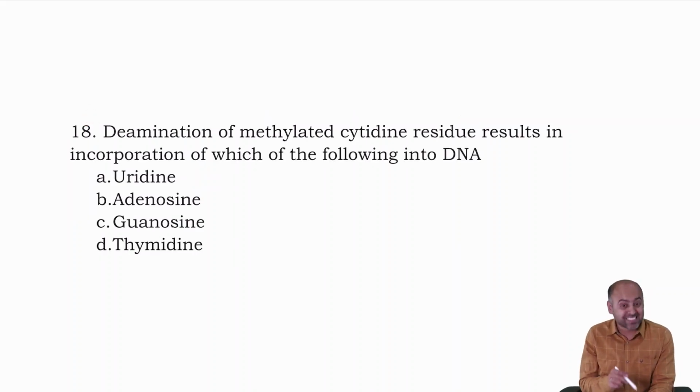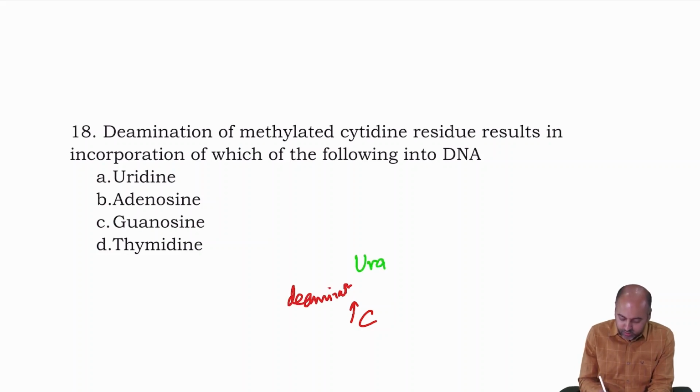Now, continuing in the same vein, deamination of methylated cytidine residue results in incorporation of which of the following into the DNA? So now you have to look at it in different ways. First, if you have the cytidine and you do the deamination, in that case you will get the uracil, right?